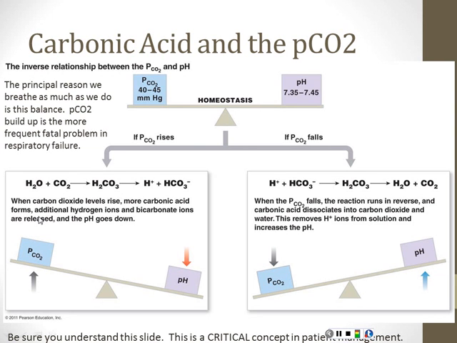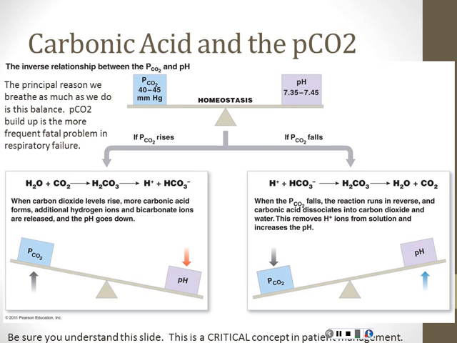So why? It all has to do with the equation we looked at when we talked about how 70% of the carbon dioxide in the body is transported back to the lungs as bicarbonate. This same equation explains the relationship between PCO2 and pH. If we increase the CO2, it forces the equation this way.